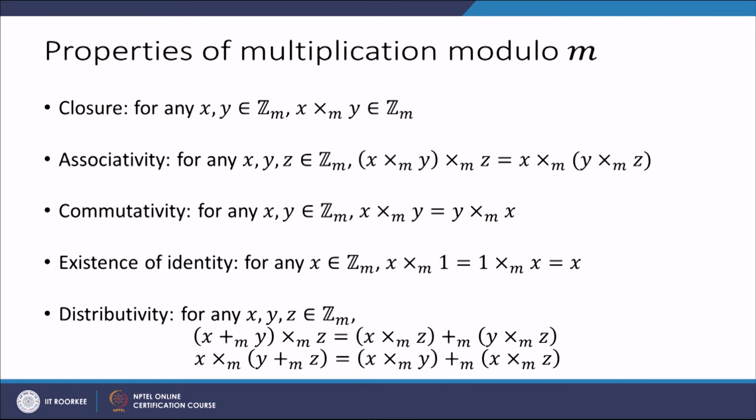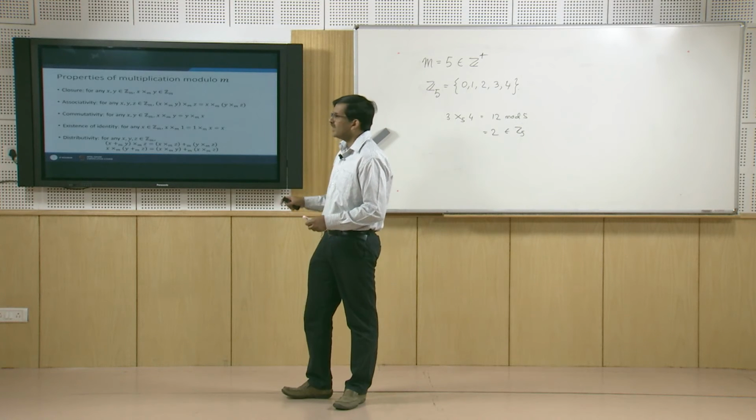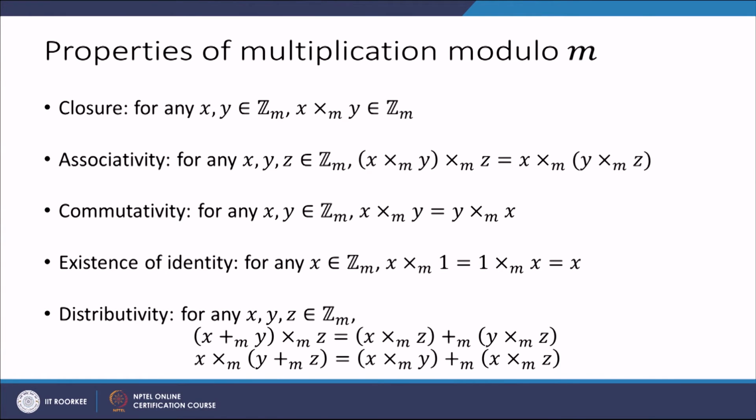This 1 works as the identity in the sense that if you multiply 1 and x with multiplication modulo m, you are going to get x and the other way round. And lastly, we have a property which connects addition and multiplication modulo m, which is this, that is x addition modulo m y, multiplication modulo m z, is going to be x multiplication modulo m z plus modulo m y multiplication modulo m z, and the other way round.